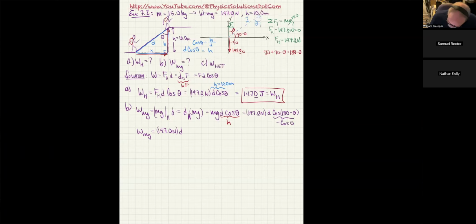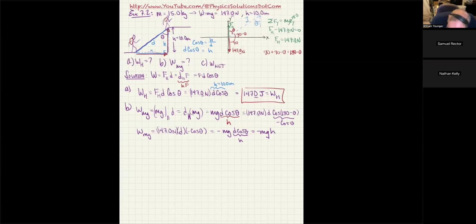And that tells us something specific. We're going to get now d times negative cosine theta, which gives us again negative mg d cosine theta. And remember, we said the d is actually equal to h, so it's actually negative mgh is the work done against it. So that gave me that formula that I told you about being the change in potential energy, but it's the negative of that. And that's also expected because gravity's pulling down when the object's making a net movement up. So they're in opposite directions, so you would expect it to be negative.